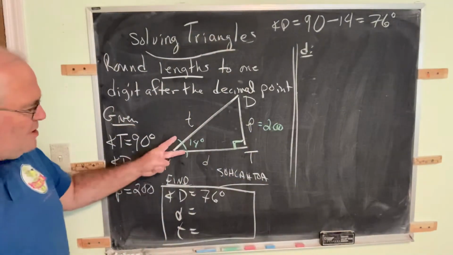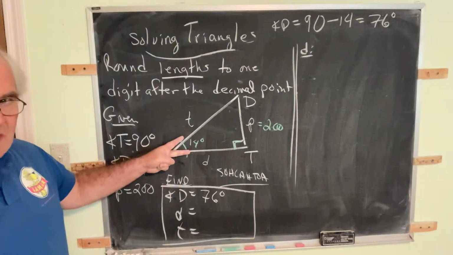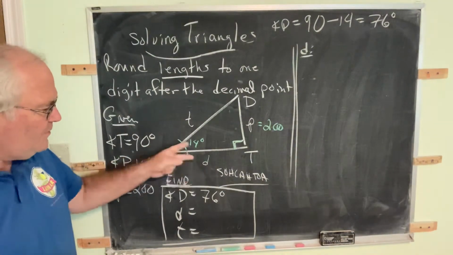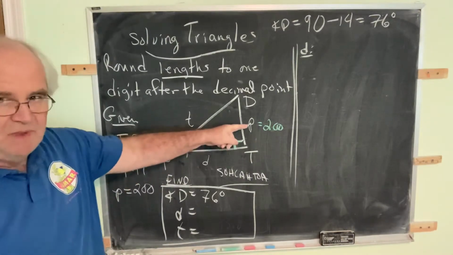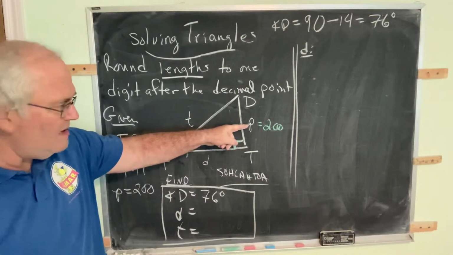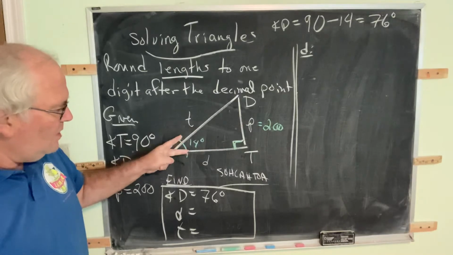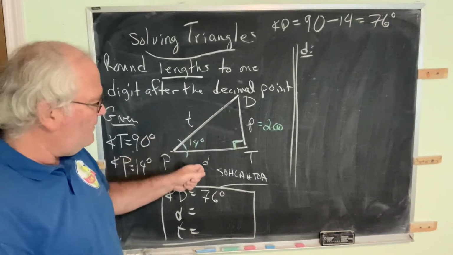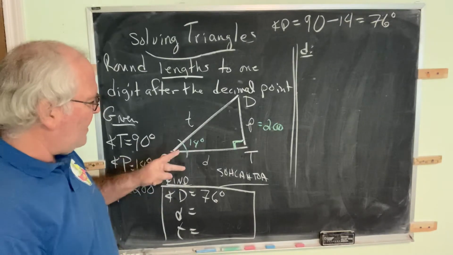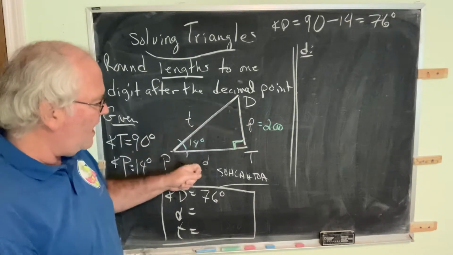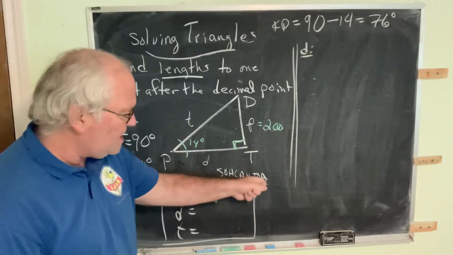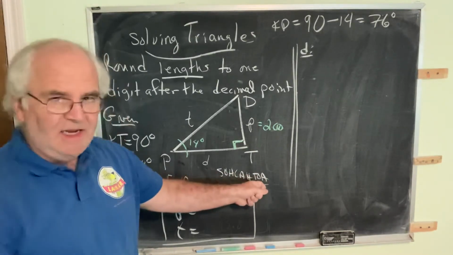Okay, so from the perspective of angle P, look at our 2 players. The desired side is D. The given side is lowercase p. So we have opposite and adjacent. Which one of these functions involves opposite and adjacent? I believe that's tangent.